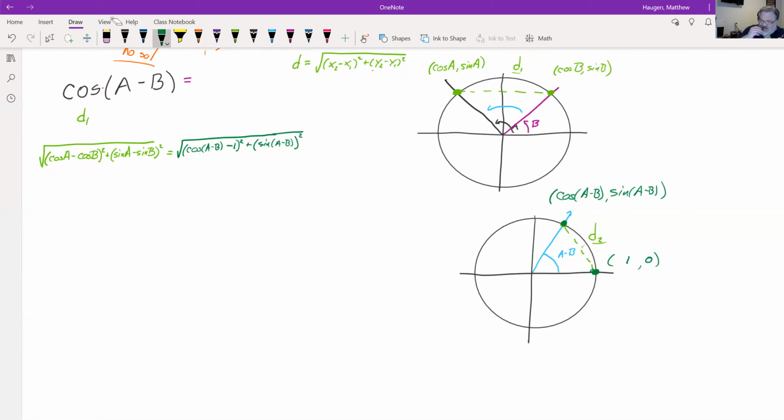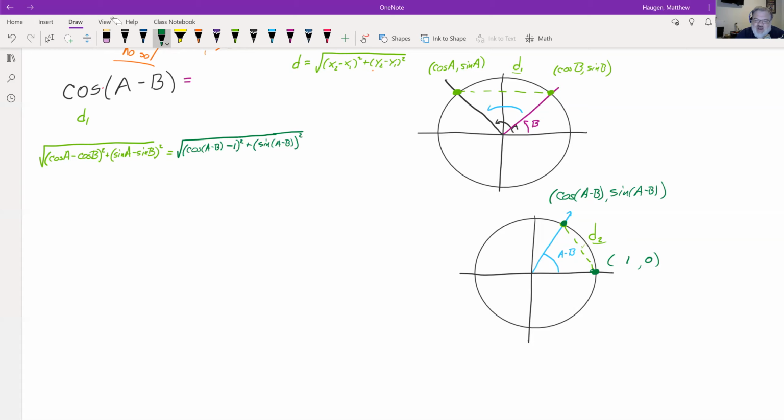Now, we're certainly not going to stop there, but our goal was to build a relationship between the cosine of A minus B and the cosines and/or sines of A and B individually. So this is going to be what's going to link those two things, and it's already essentially doing that.